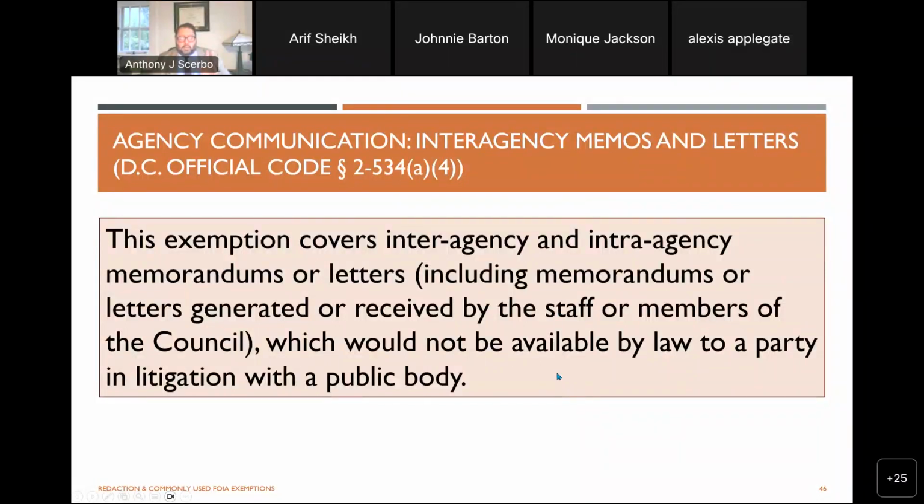So again, that's the standard: within or between correspondence, including memos and letters generated or received by staff of the council or members of the council, which would not be available by law to a party in litigation.